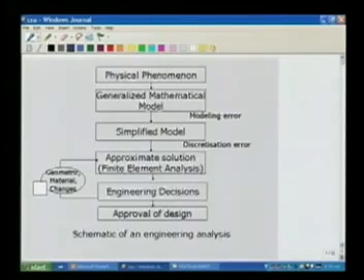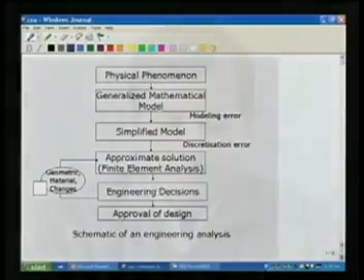As soon as we go from the generalized to the simplified mathematical model, we commit something called a modeling error. This modeling error should be sufficiently small so that the physics that we are after is reasonably accurately predicted by our simplified model. Now, for the simplified model, we have to obtain a solution.